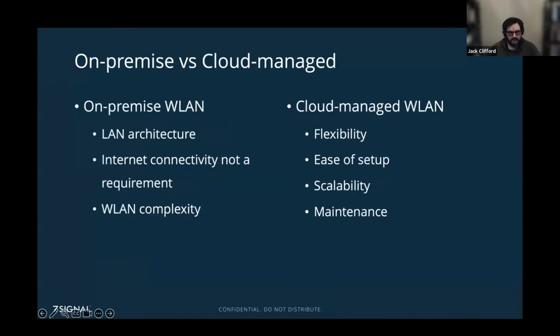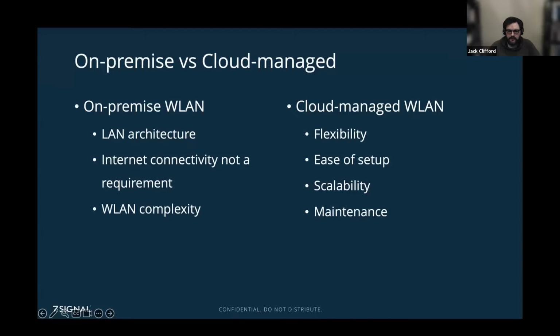So kind of the differences between on-prem versus cloud controller architecture. The on-prem side is very much the traditional LAN side architecture. The biggest thing here is that internet connectivity isn't necessarily a requirement to get your wireless set up. So if you just wanted to have access to internal resources, you have a lot of flexibility when deploying on-premise controllers.